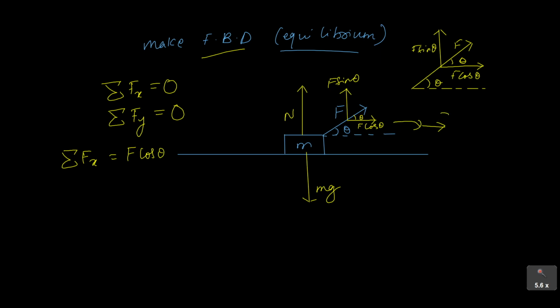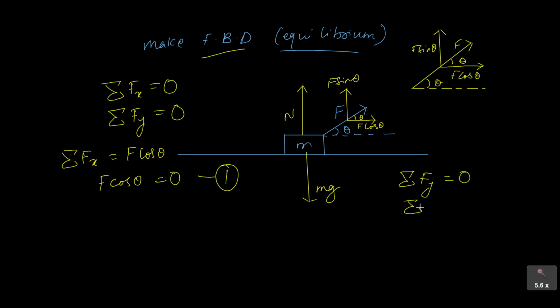We know the summation of Fx is 0 since the body is in the state of equilibrium, so F cos theta can be written as 0. This will be our first equation.